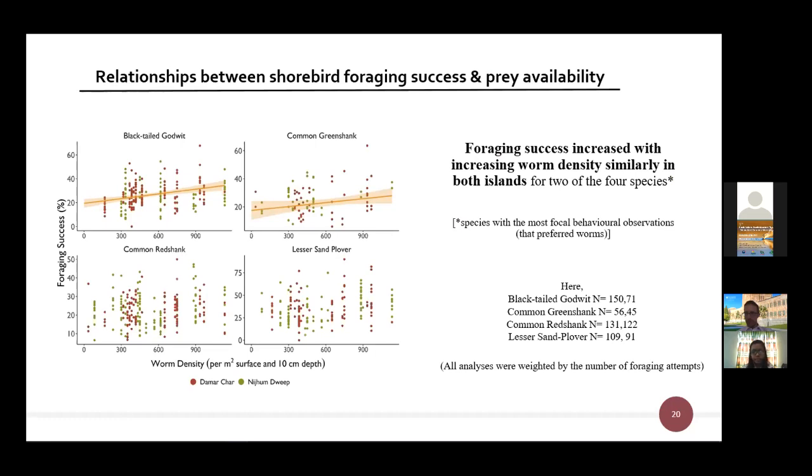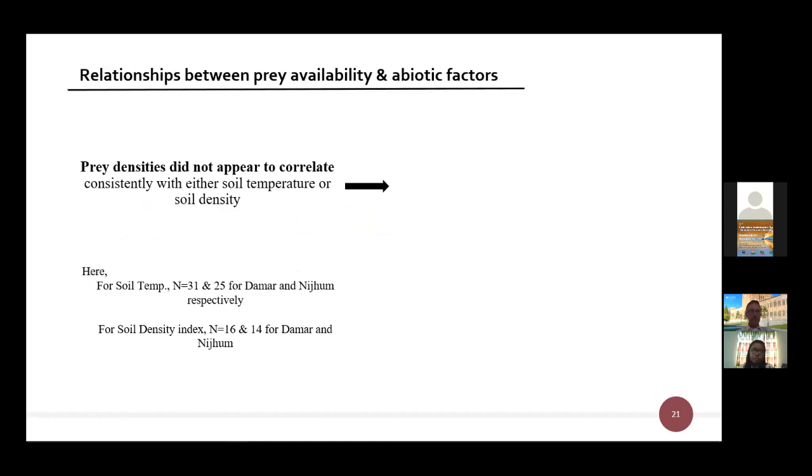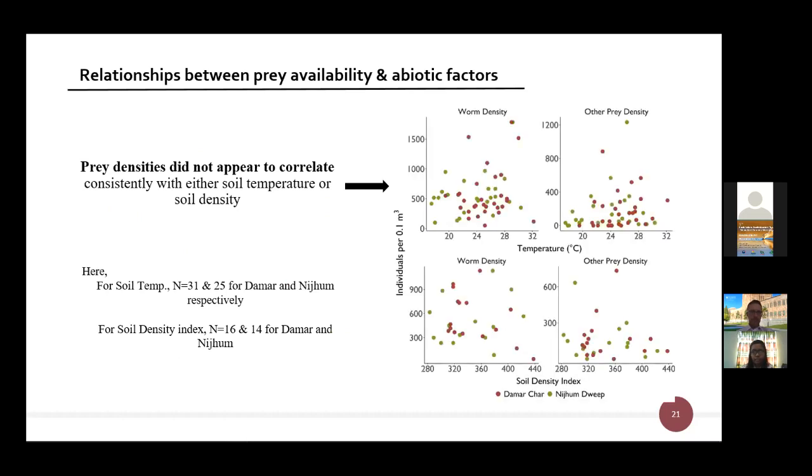All analyses here are weighted by the number of foraging attempts because we wanted the higher sample sizes to have a greater influence in the relationship. So the prey density did not appear to correlate consistently with either the soil temperature or soil density as we calculated the abiotic parameters.